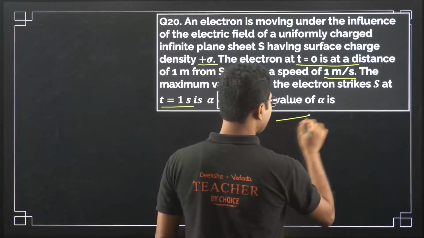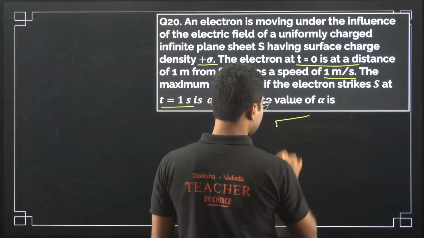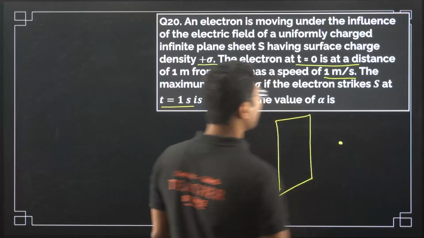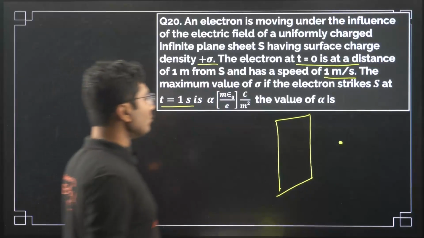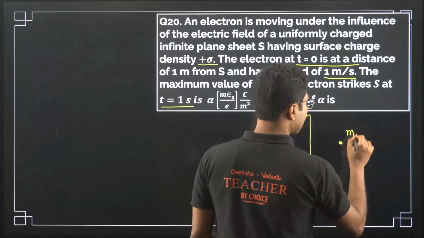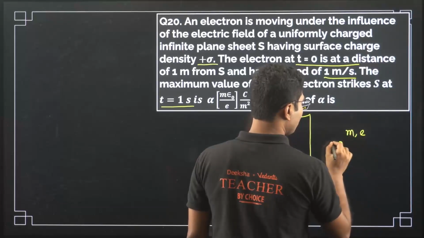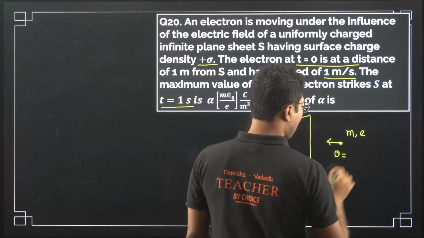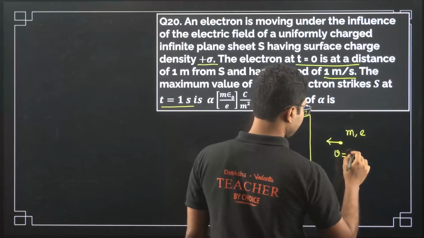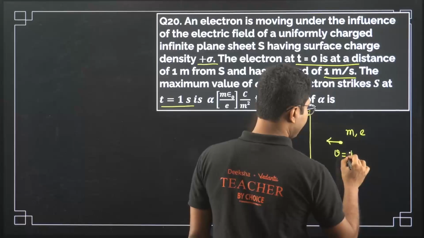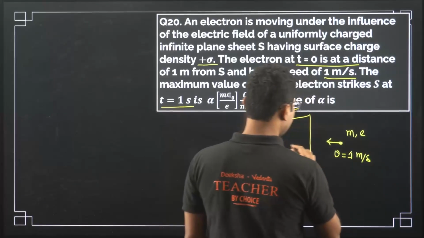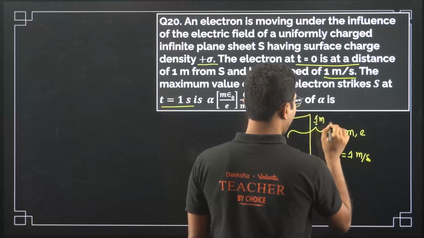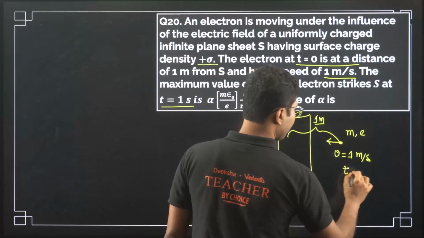Here we have an infinitely charged sheet, and an electron of mass m and charge e is moving towards the sheet with a velocity of 1 meter per second, and the distance is 1 meter, at t equals 0.